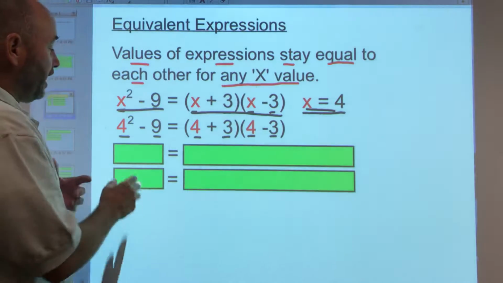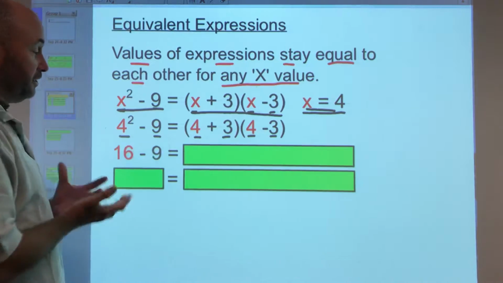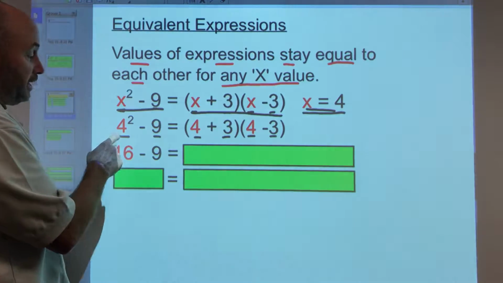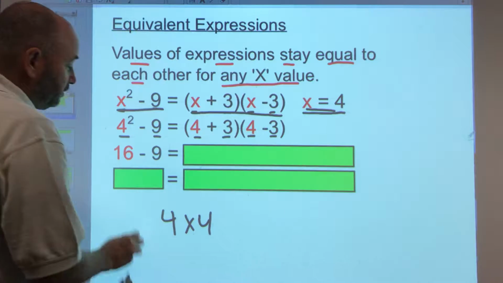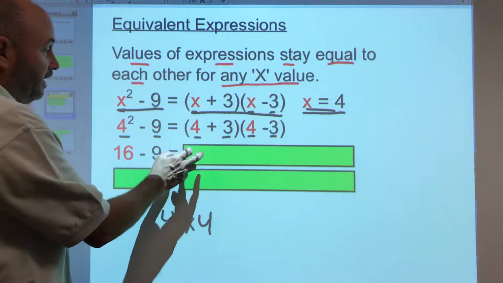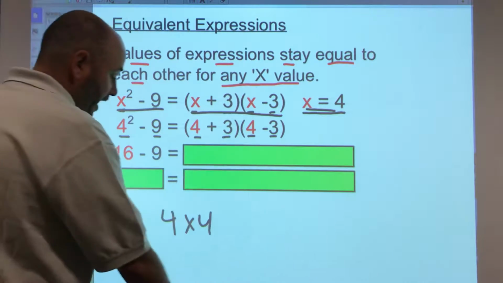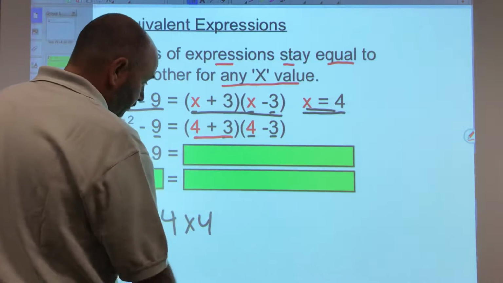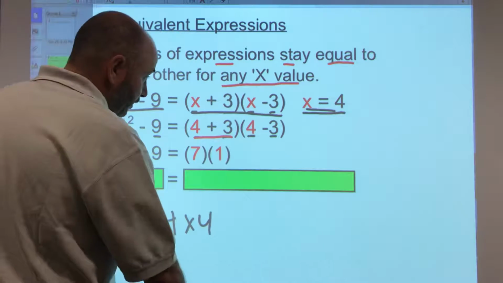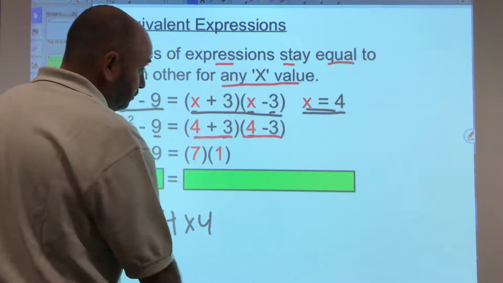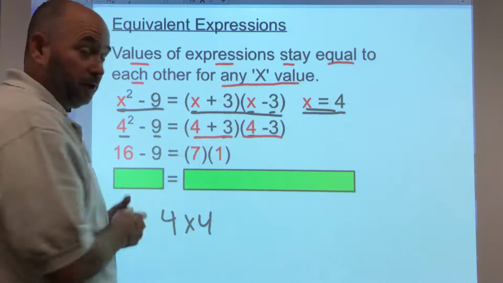Okay? So now we would do 4 to the second, which is 16, because 4 to the second is 4 times 4. So we have 16 minus 9. Over here, we would add the 4 plus the 3, and we would get 7. Then we'd subtract 4 minus 3, and we'd get 1.